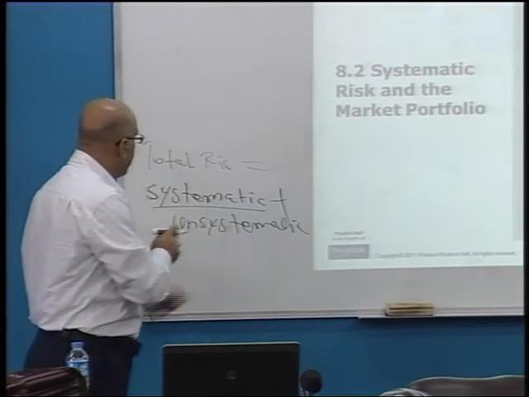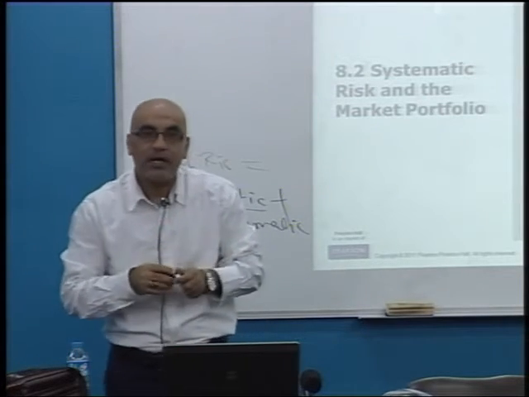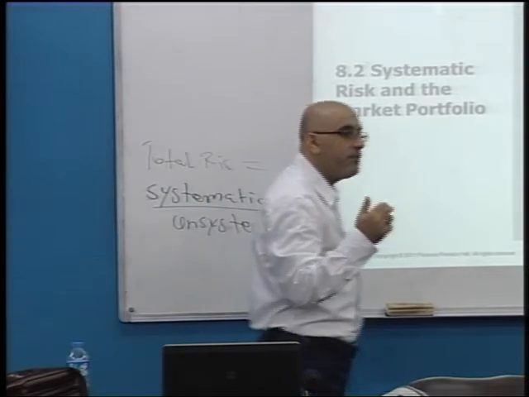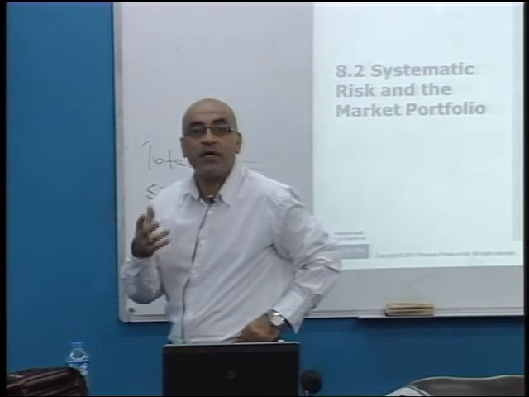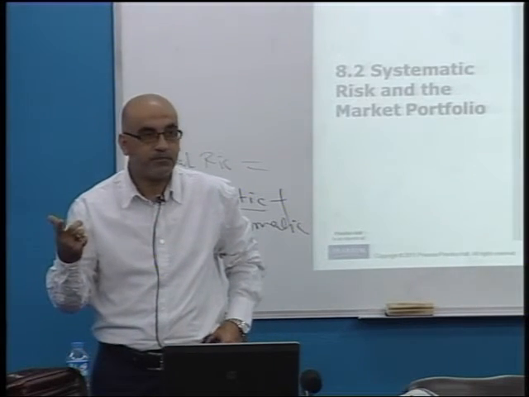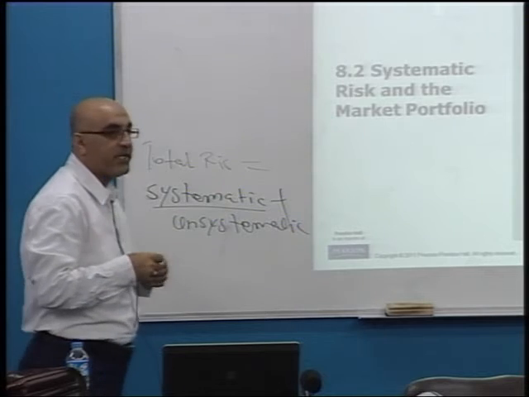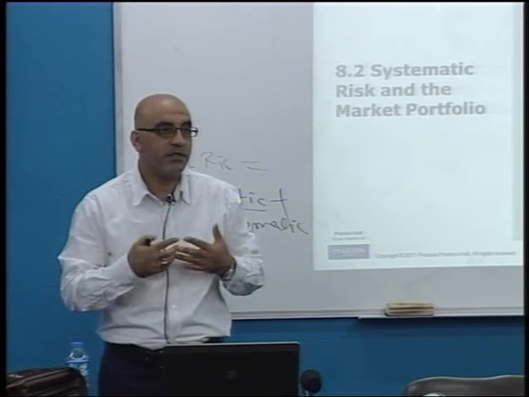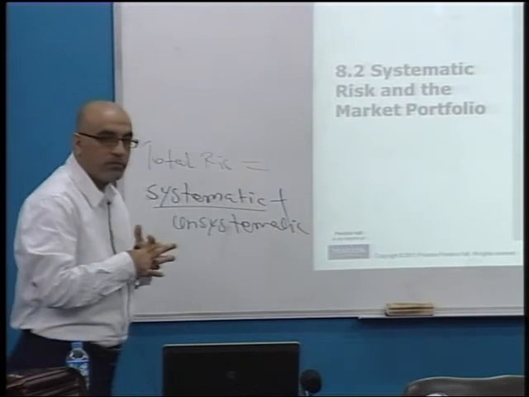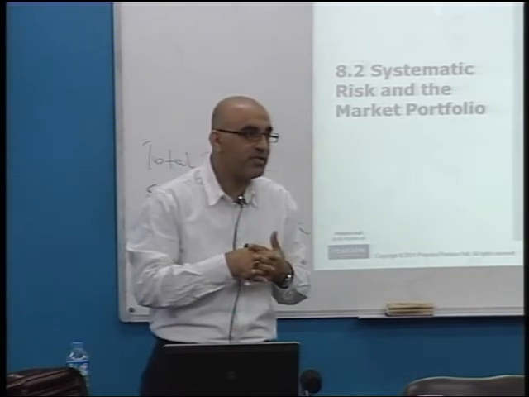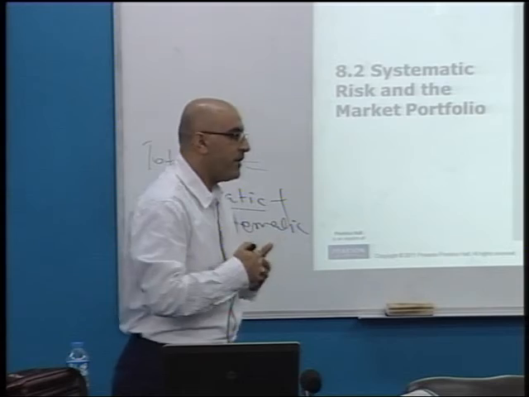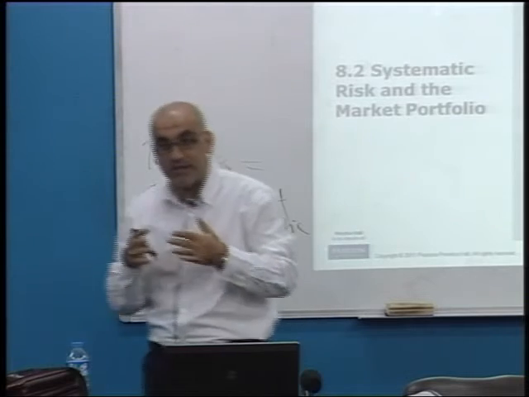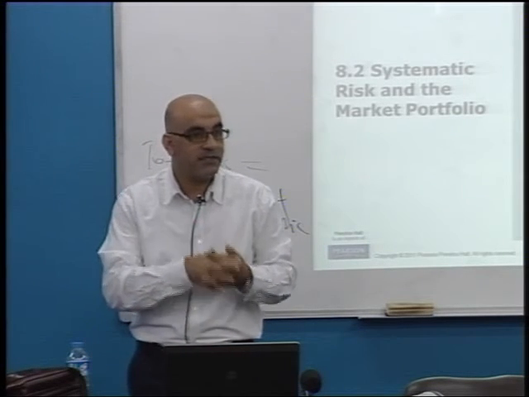In other words, the systematic risk is the sensitivity of the stock return with regard to the market return. Unsystematic risk is related to the individual risk of a particular company. Again, the systematic risk is to what extent the stock return is influenced by the changes in the market return. This is systematic risk.